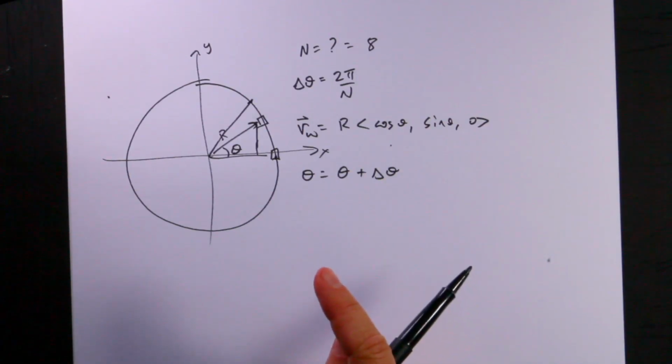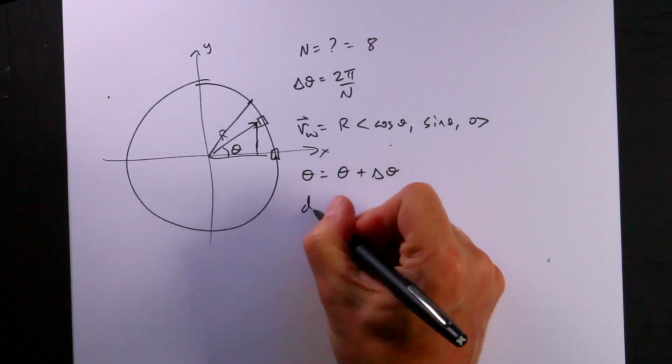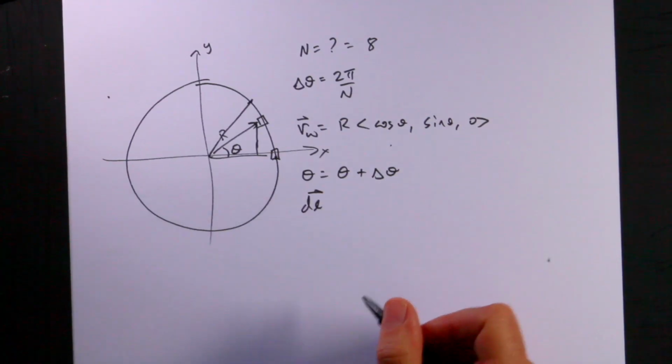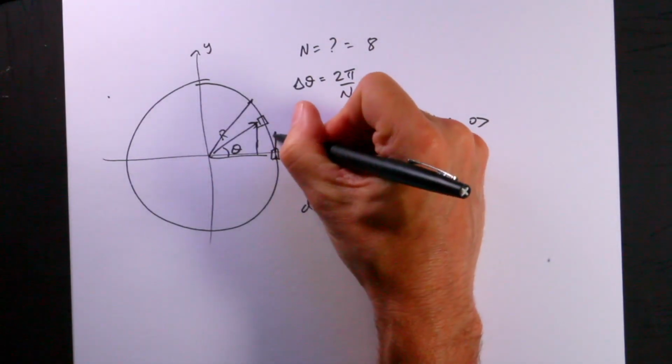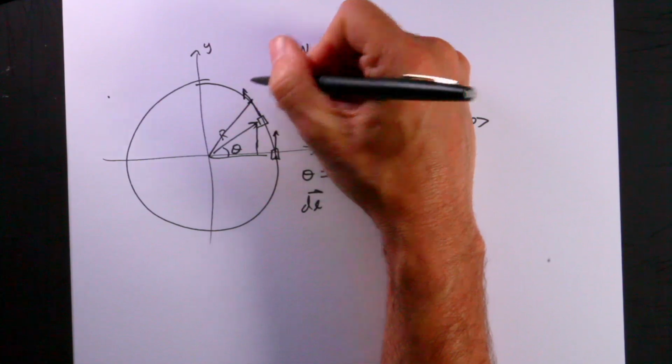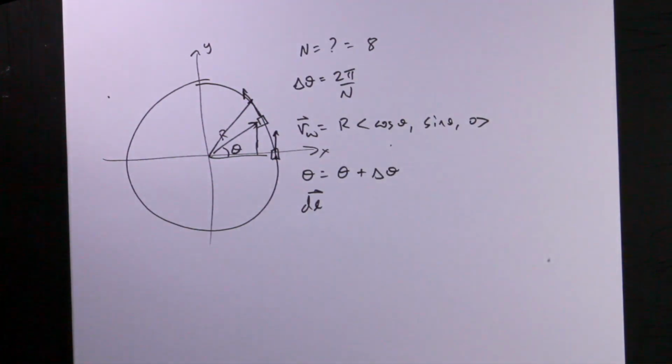Now, what about dL? How do I find the direction of dL? Right here dL is that way, and here dL is that way. There are a couple of ways to do this.